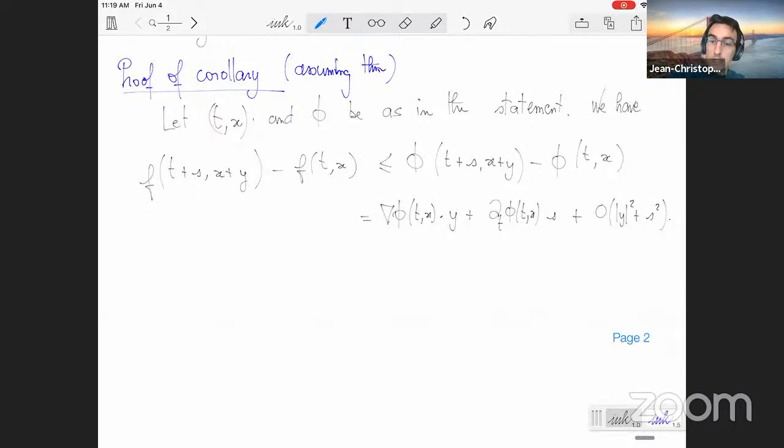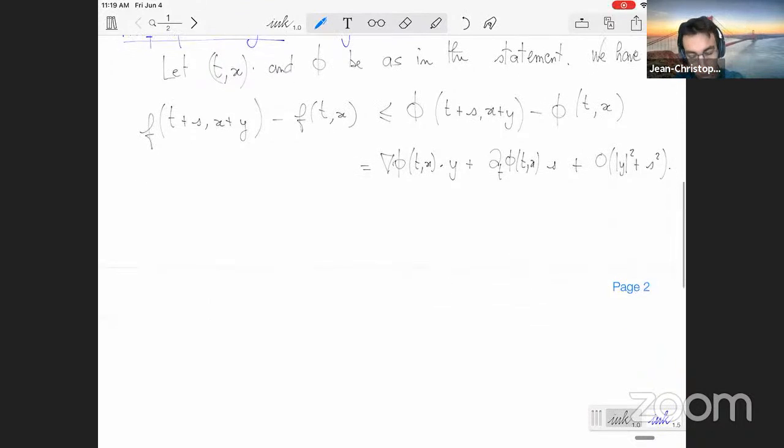Moreover, since f is convex, I can always find a slope which bounds f from below and touches f at (t, x). I'm not going to justify this, but one way to prove it is by using the hyperplane separation theorem.